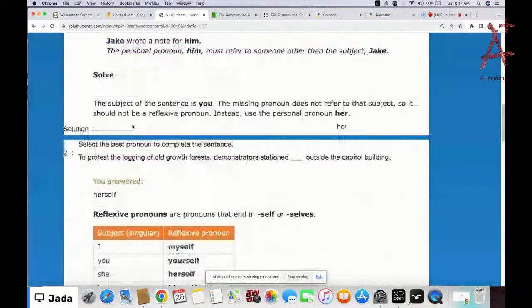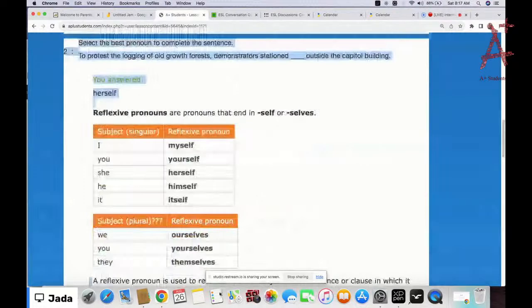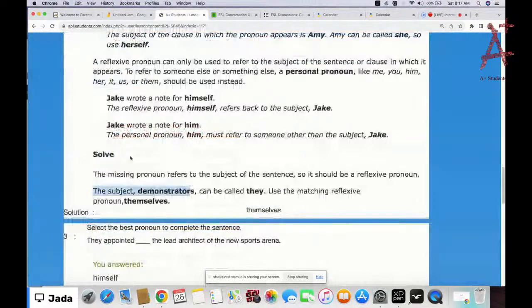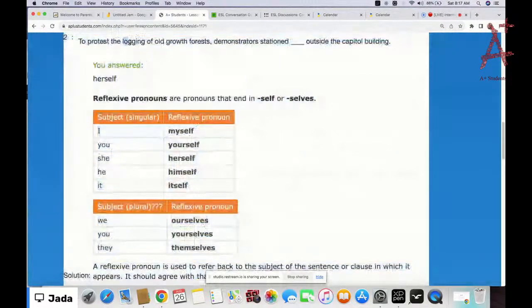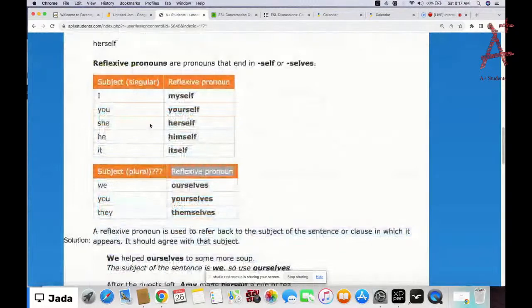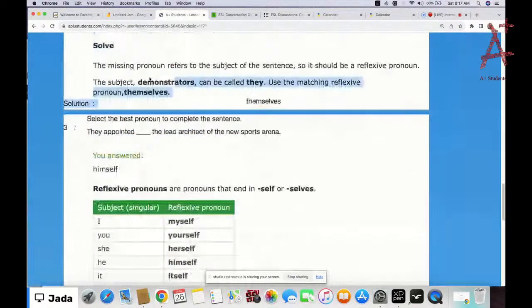To protest the logging of old growth forests, demonstrators stationed dash outside the Capitol building. So the demonstrators is plural, right? The demonstrators can be called "they" because they are plural.